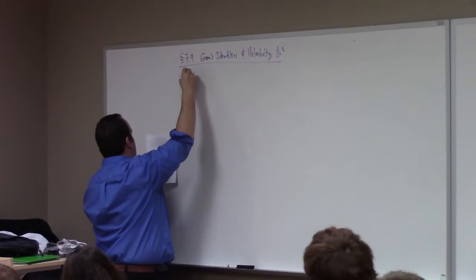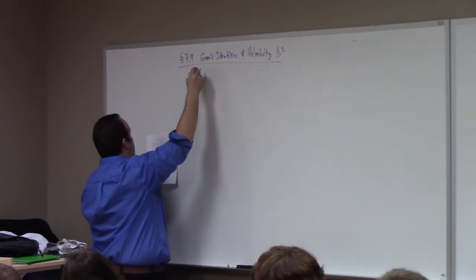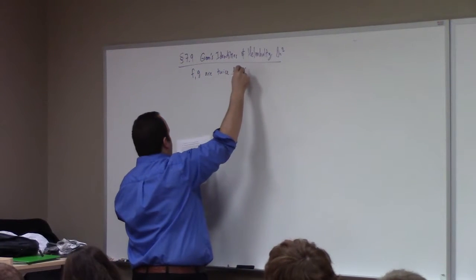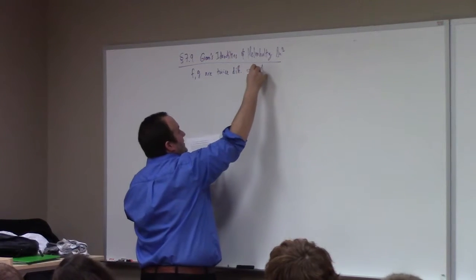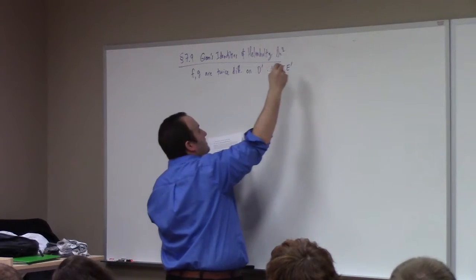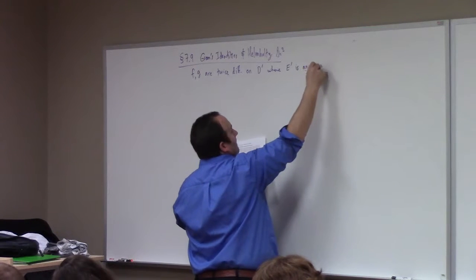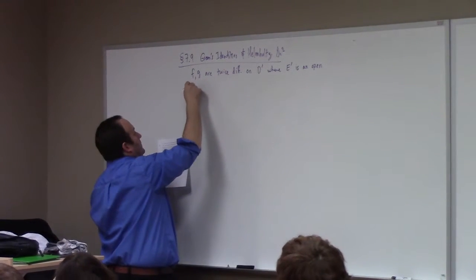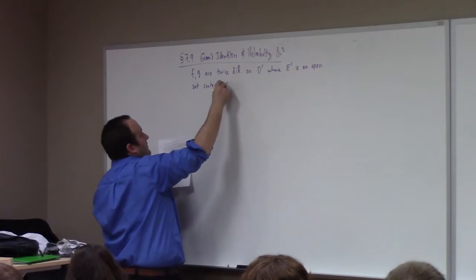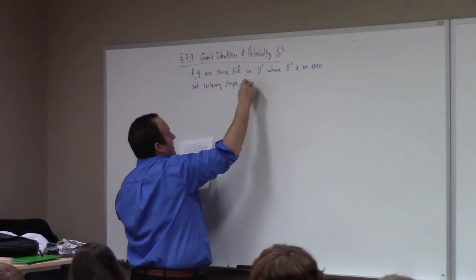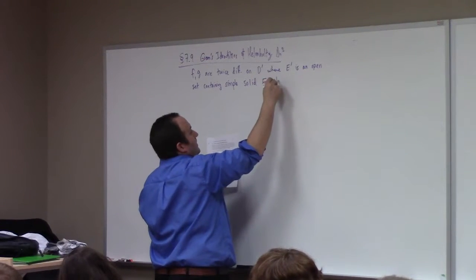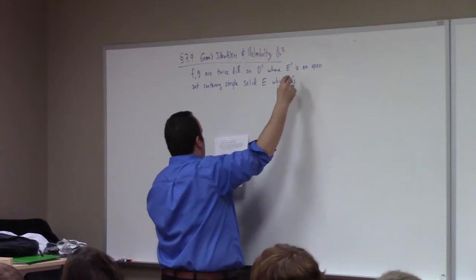We assume that f and g are twice differentiable functions on some domain E prime, where E prime is an open set containing the simple solid E, which has piecewise smooth boundary.